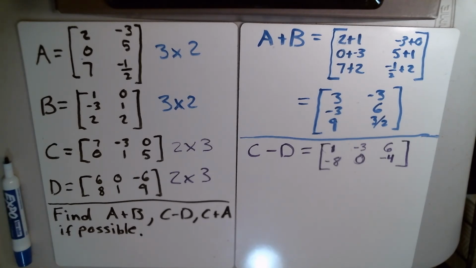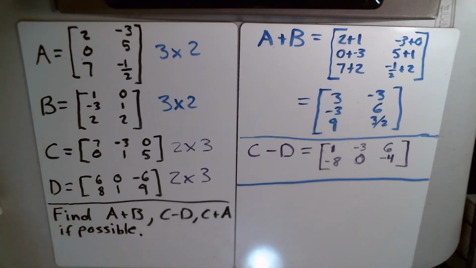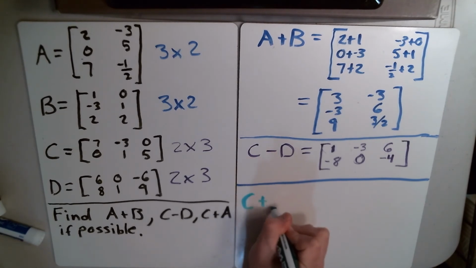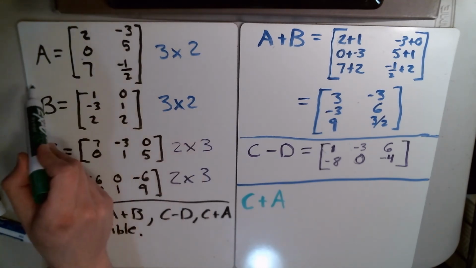One last thing I want to mention: let's look at what would happen if I try to do C plus A. C is this matrix here, A is this matrix here.